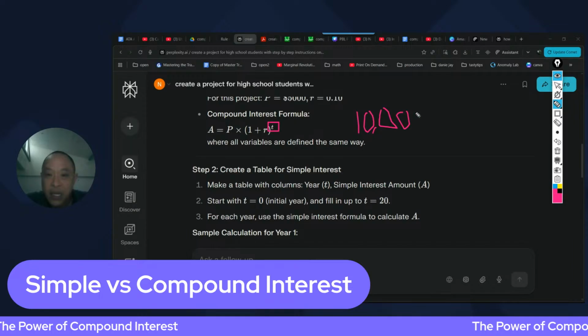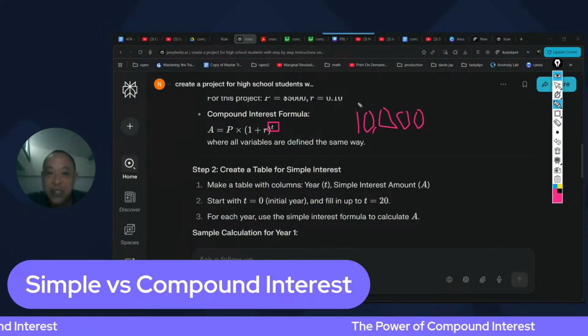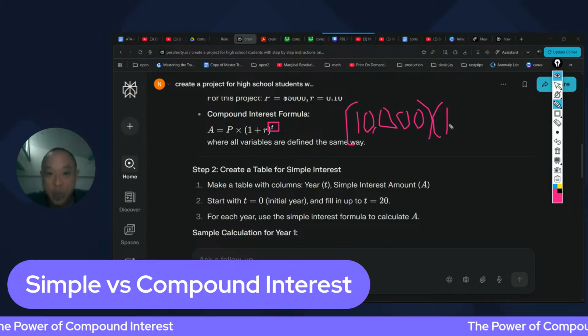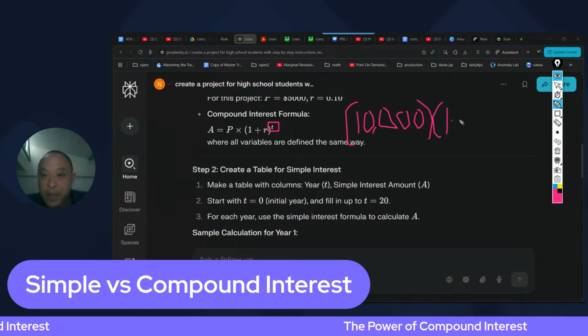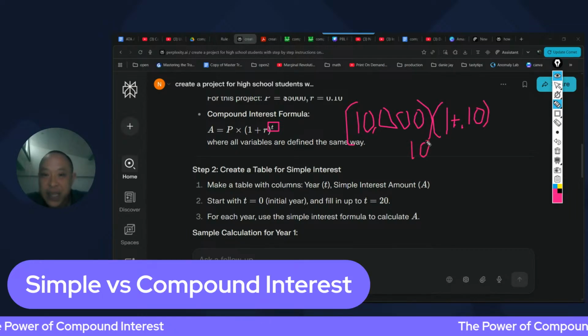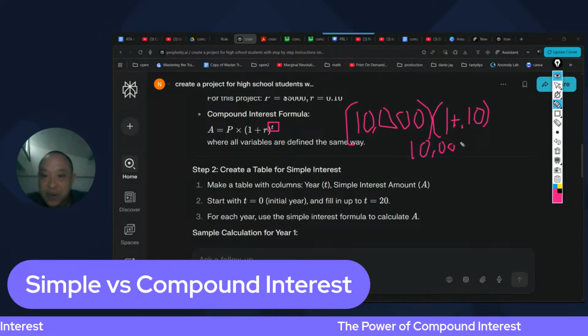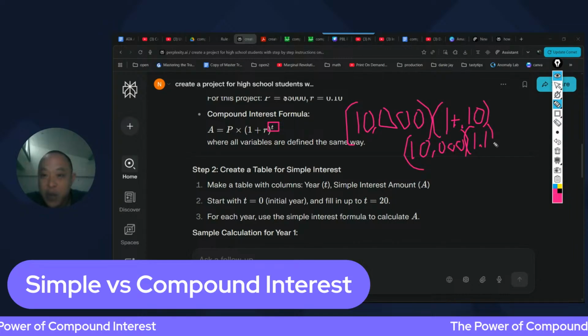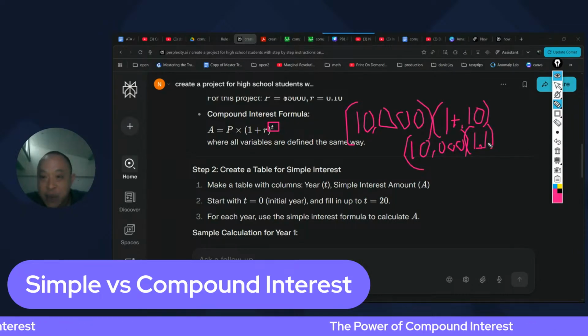After year one, it's going to be the same thing, because it's one plus a rate of return of 10%, so one plus 0.10. So that's 10,000 multiplied by 1.1. Anytime you multiply by a number greater than 1, the decimal after is what it's growing by. It's growing by 10%.